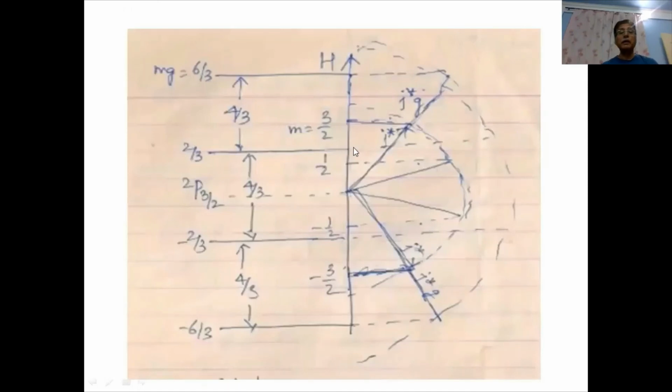So we multiply this by 4/3 over here. So this becomes 6/3, this becomes 2/3, this becomes minus 2/3, and this becomes minus 6/3. So this is the symmetric splitting of these original lines in the weak magnetic field. That is, doublet P 3/2 is split into 4 such levels.